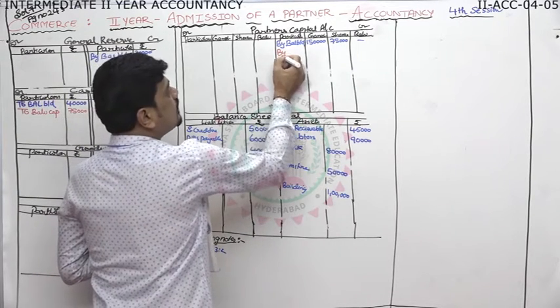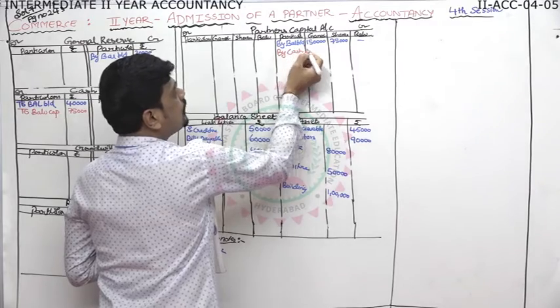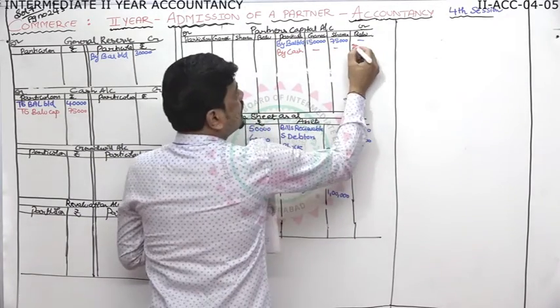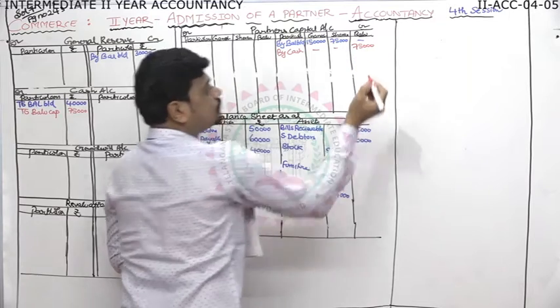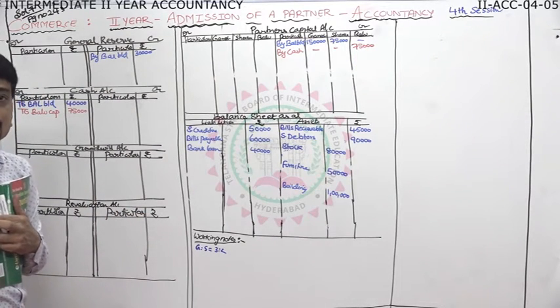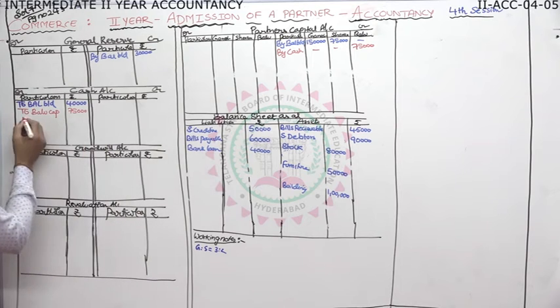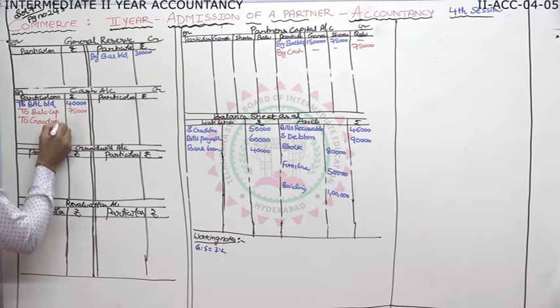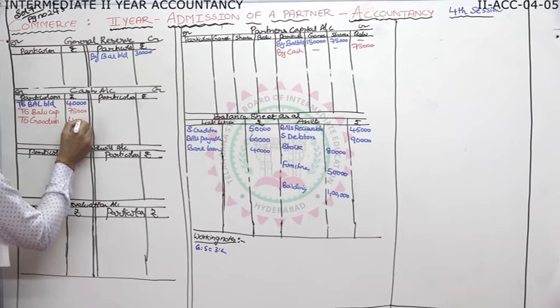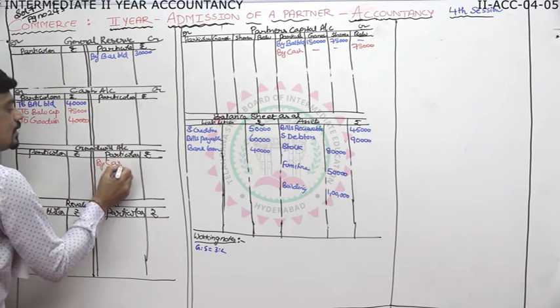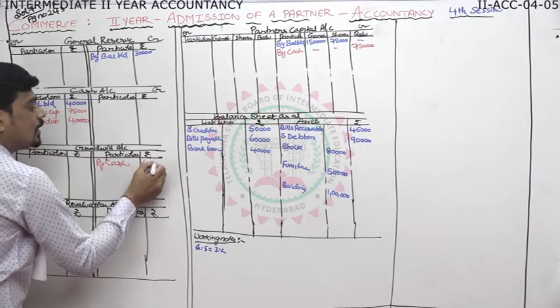So here again, the second effect in Balu's capital by cash, he brought 75,000. Then along with 75,000 capital, he brought goodwill. So again, cash account to goodwill and the amount is 40,000. So in goodwill account by cash 40,000.